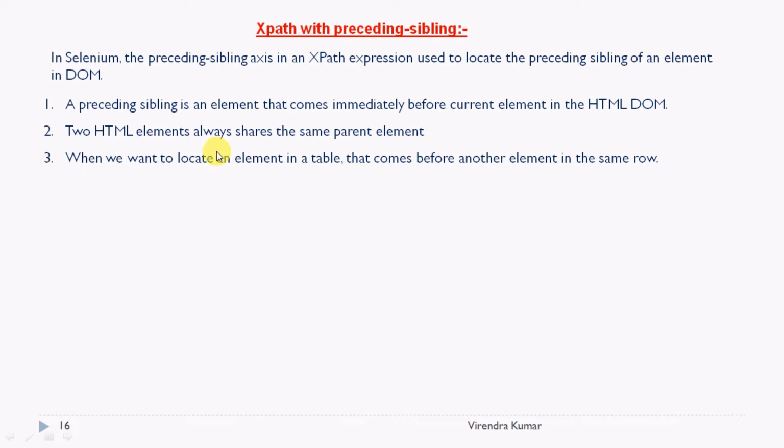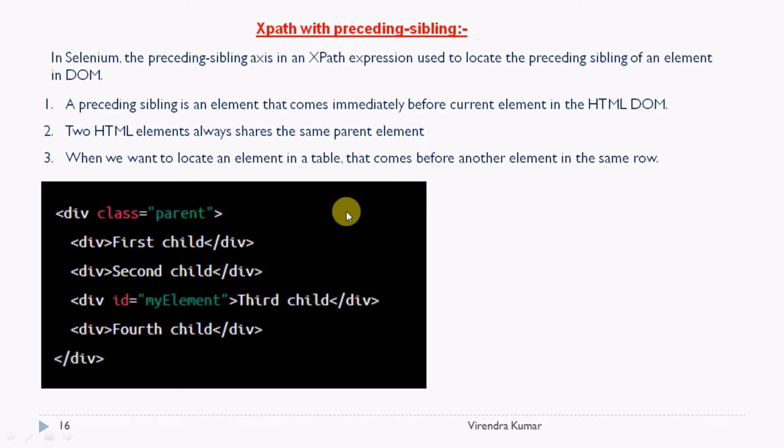The condition is that there should be a parent-child relationship in the DOM structure. Second, at least two HTML elements should be present, and they should be siblings. The element coming before the current element we call the preceding sibling.